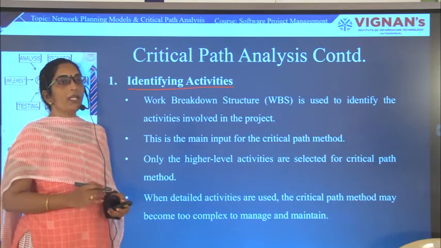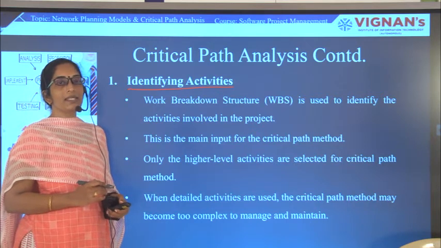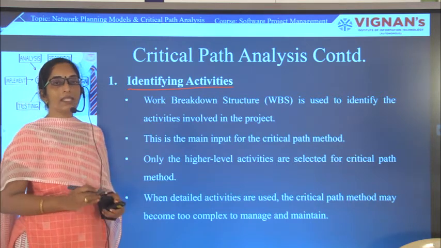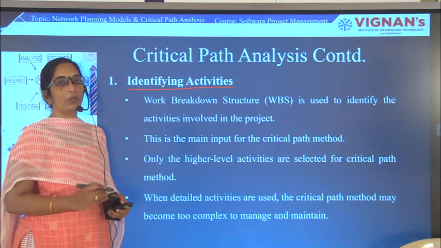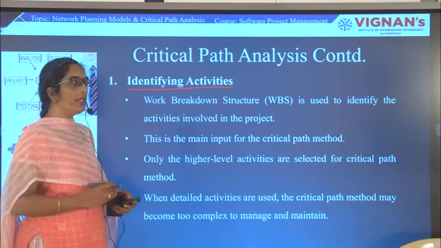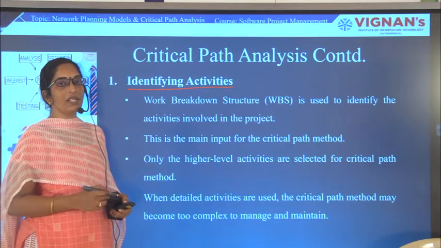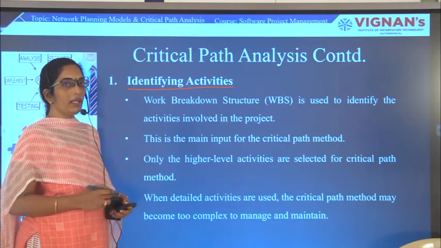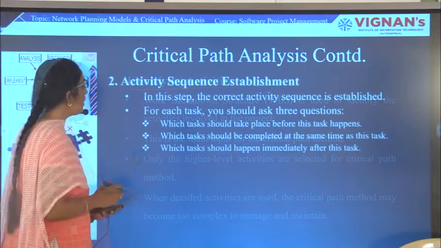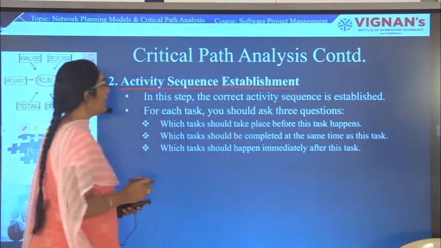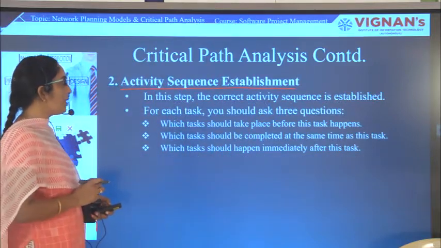One more important thing is that only the highest level activities have to be included in the network. When detailed activities are used, the critical path calculation will be very difficult and take a long time.